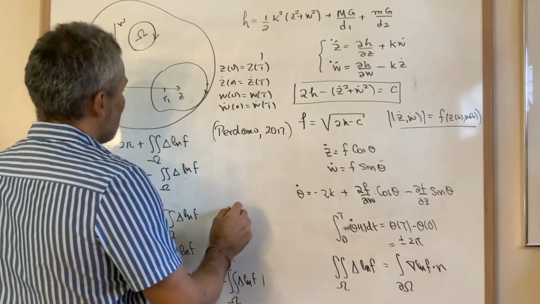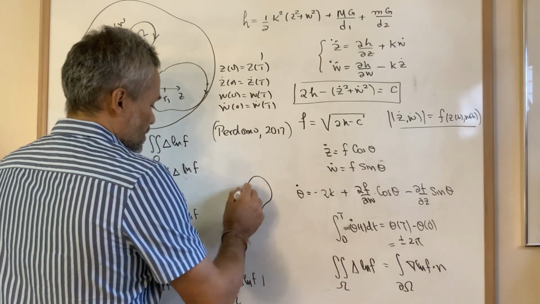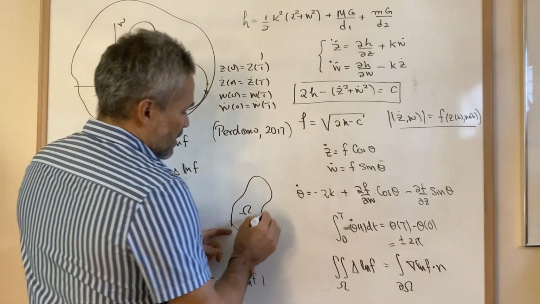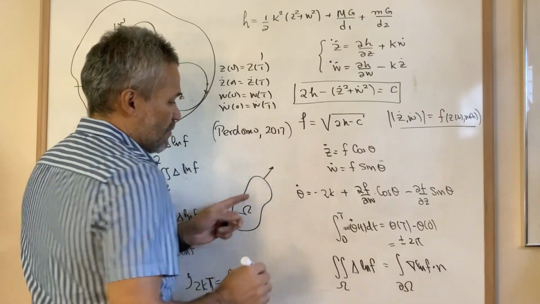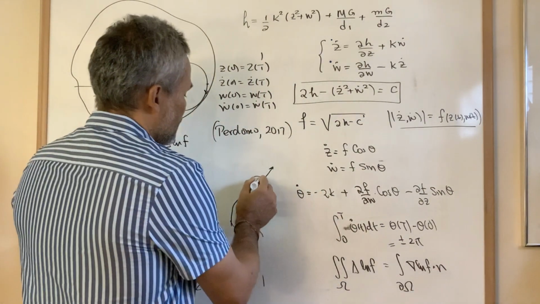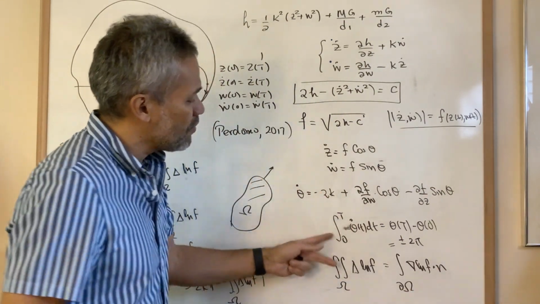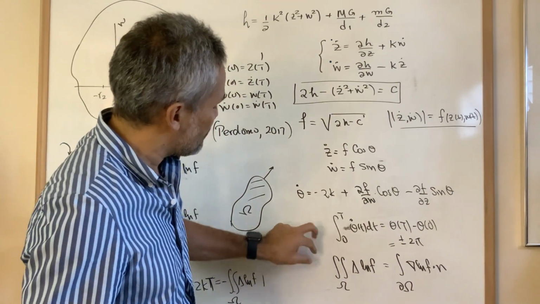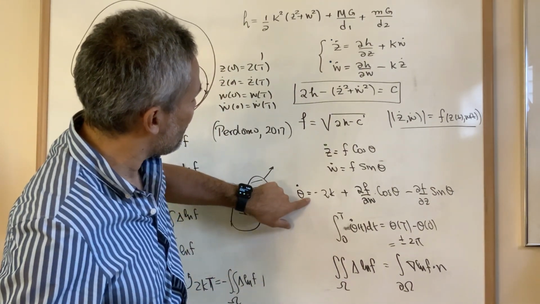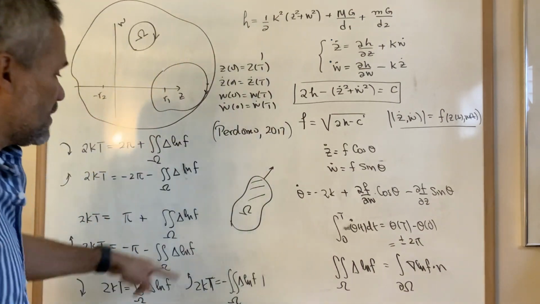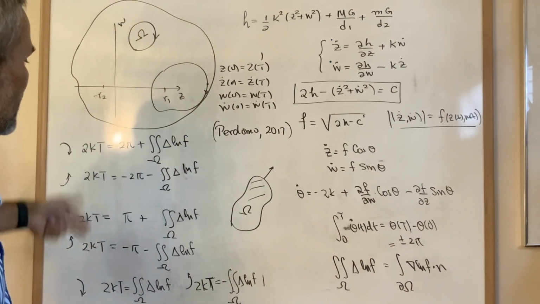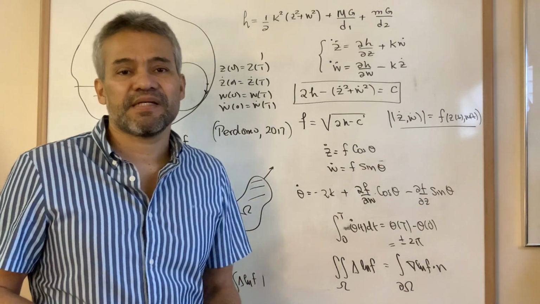In this case, we have the closed orbit. This is omega, and here is the normal vector that points outside of the region. Then these two observations, combined with this formula, just provide the whole theorem here. Okay, this is it for this video.